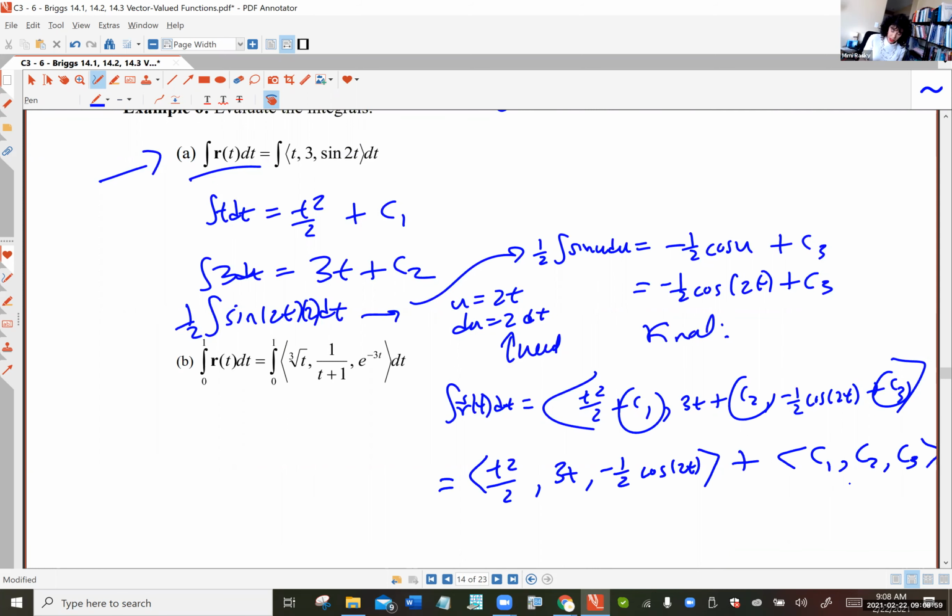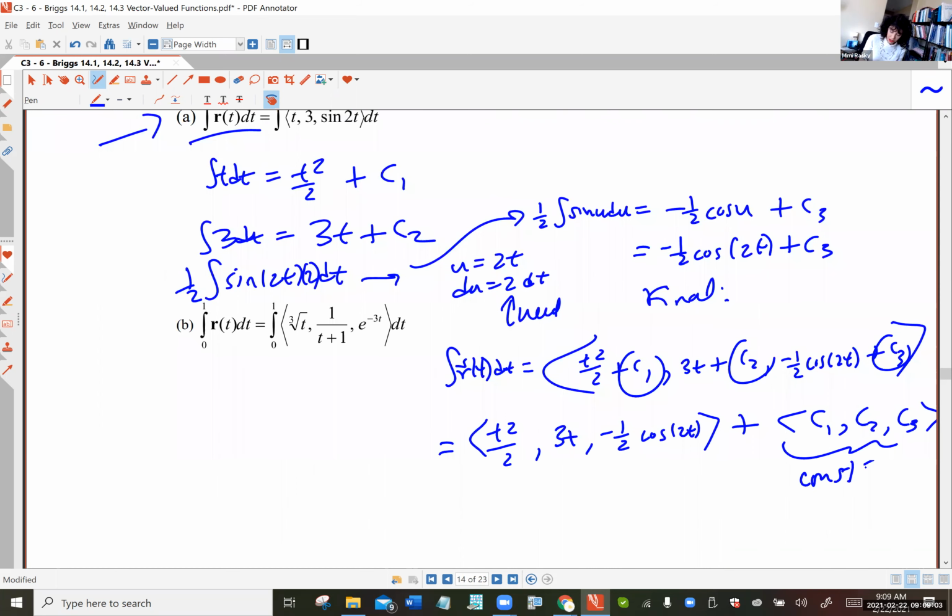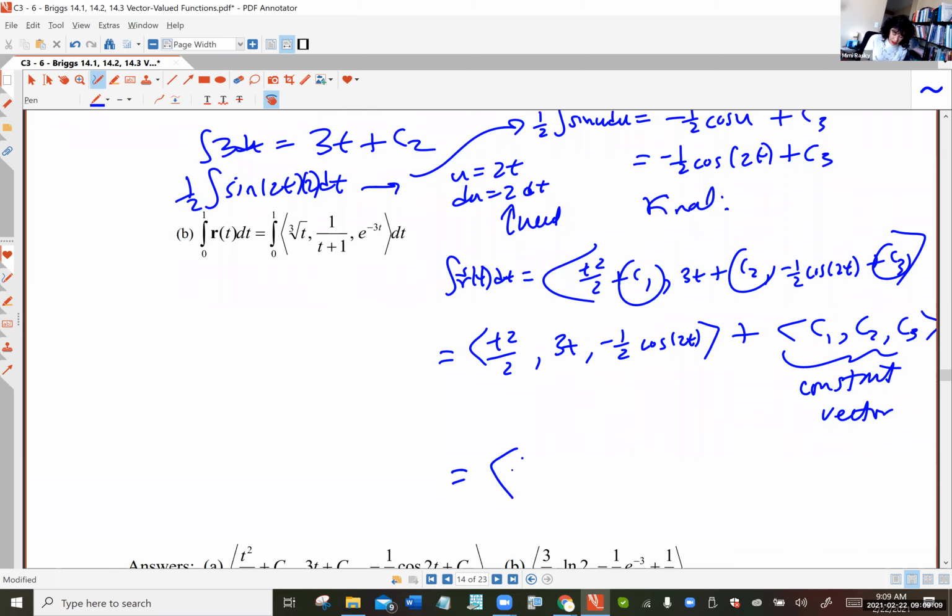Like so. This is what's called a constant vector. This second vector here is a constant vector because it's a vector of constants, essentially. If you want, and my math lab lets you do this on some occasions, although I wouldn't do it all the time because I'm going to give you problems where it's a bad idea to group them into one big old constant.